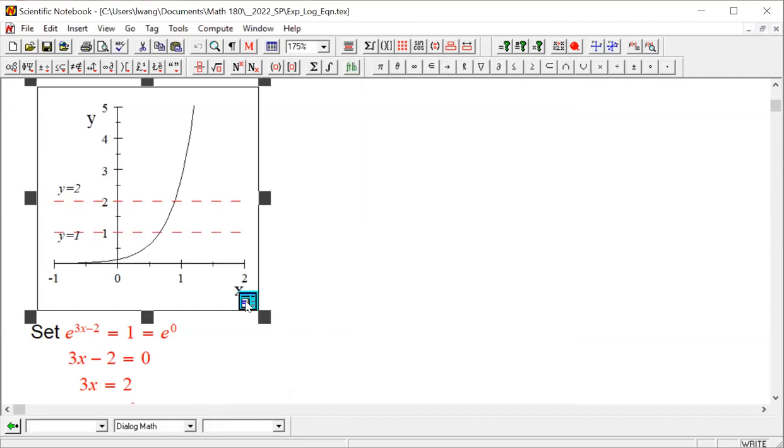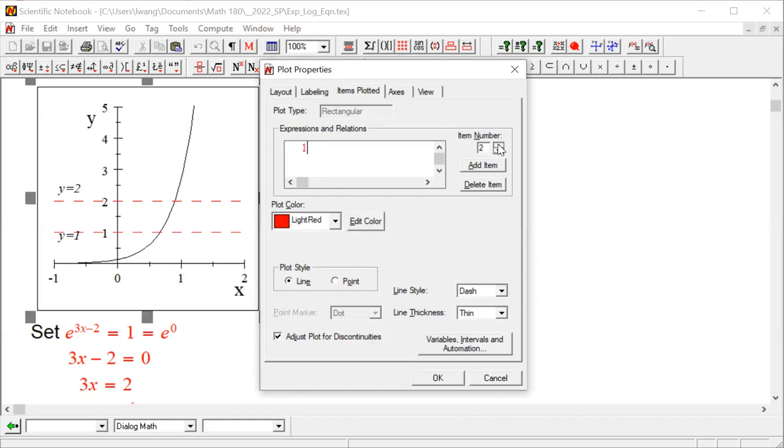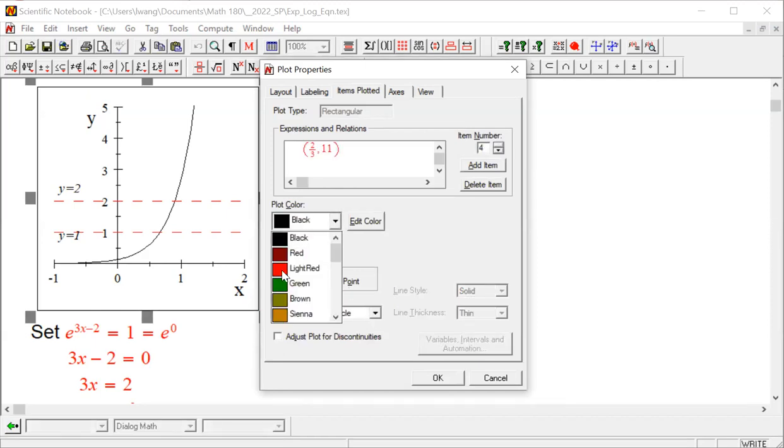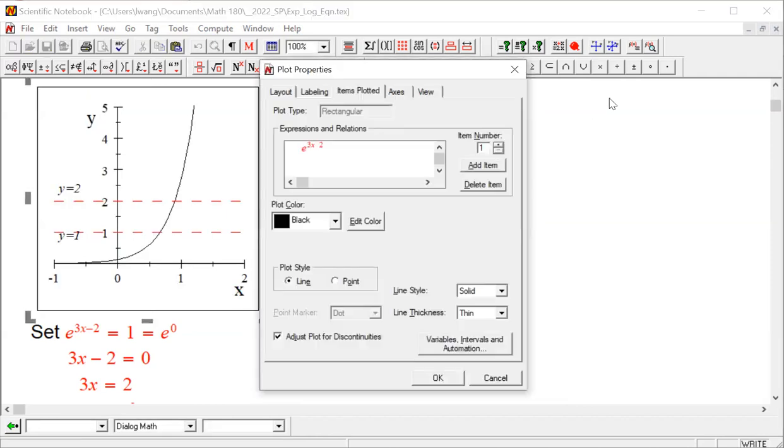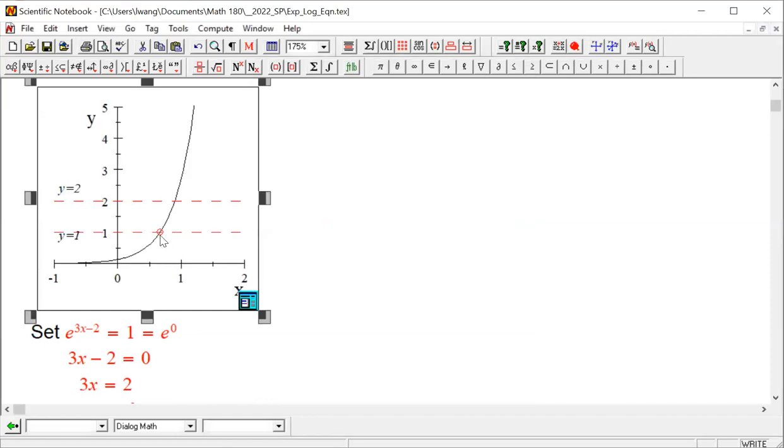Wait, I think I forgot to mark. Make it red. My bad, e to the 0 is 1. Okay, so right there, this point is when x equals 2/3, and the vertical is 1.